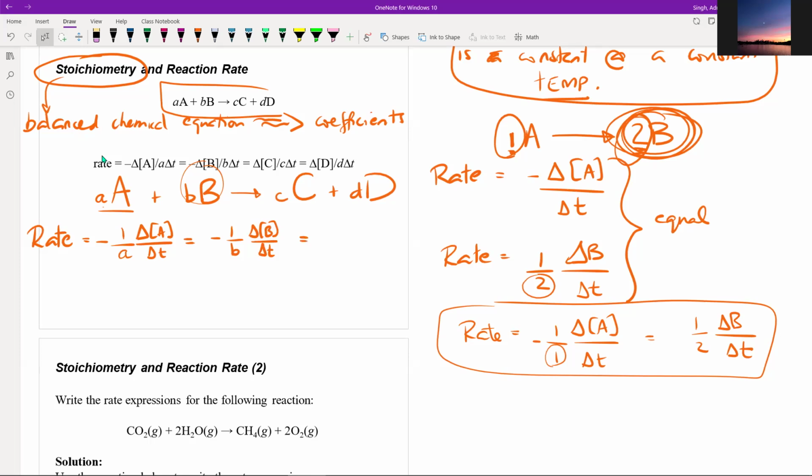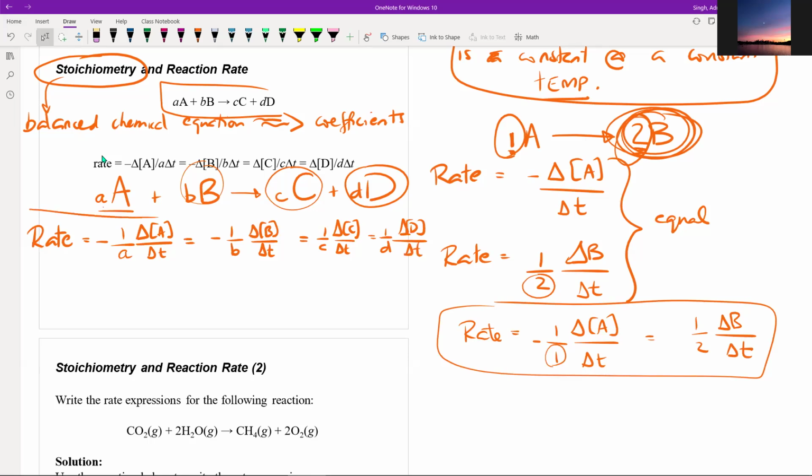And that's also equal to now the product. So the product then would be a positive. So it'll just be 1 over lowercase c times delta, changing concentration of C over delta T, and that's equal to 1 over lowercase d times delta D over delta T.